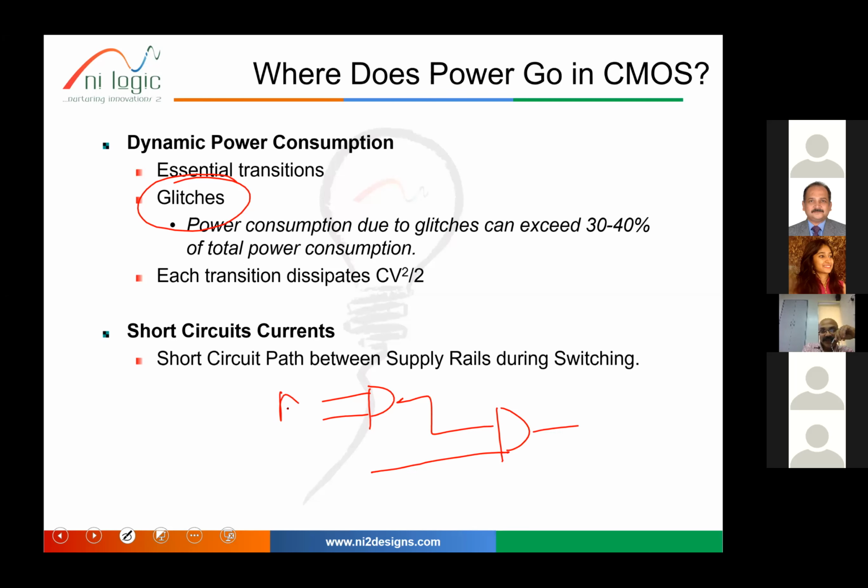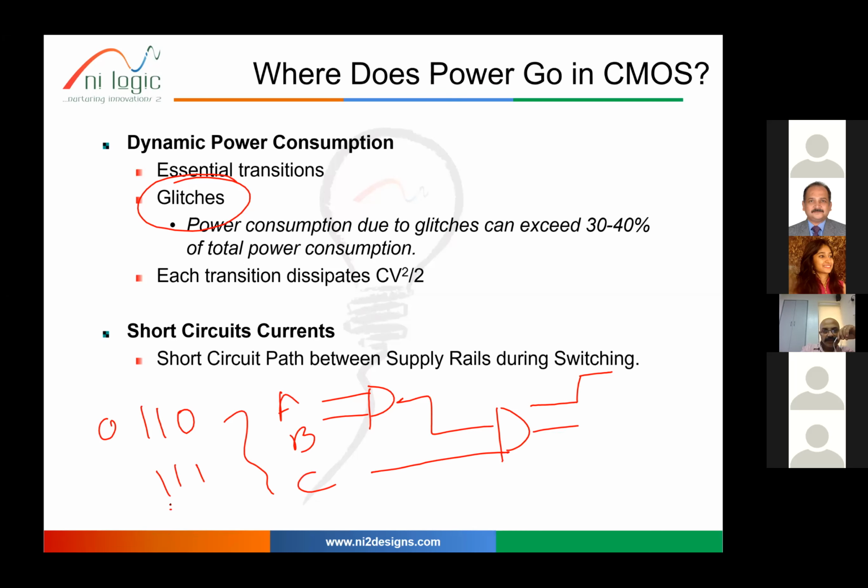So let's assume that this is some circuit, and the output was expected to go to logic 1. Any change in the input, there was some change. Let's say it was 0 1 1 0, and it became 1 1 1, something like this.